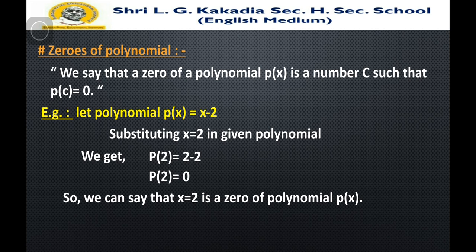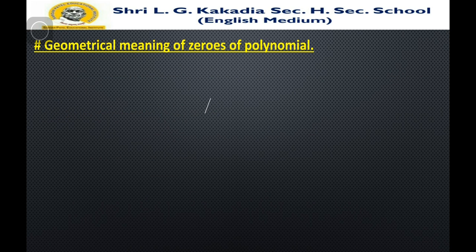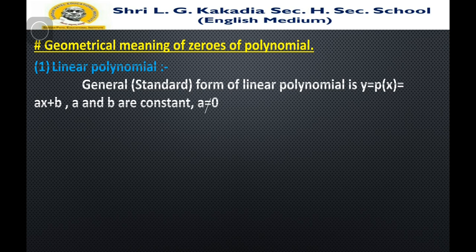Now we understand how we can find zeros by the geometrical meaning. First we understand the geometrical meaning of the zeros of a linear polynomial.